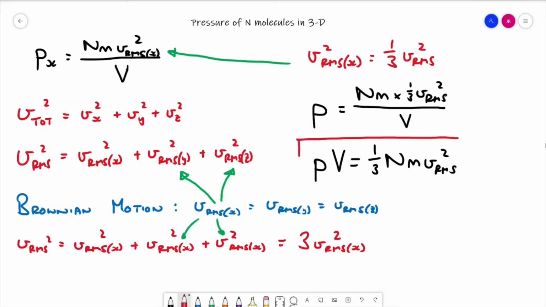And there finally then is our equation for the pressure of n molecules in 3 dimensions.